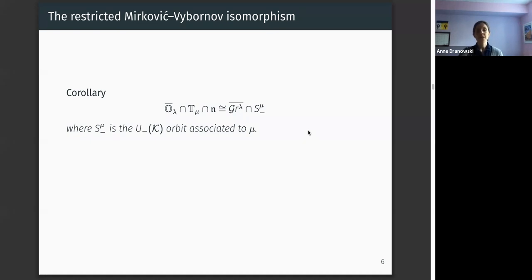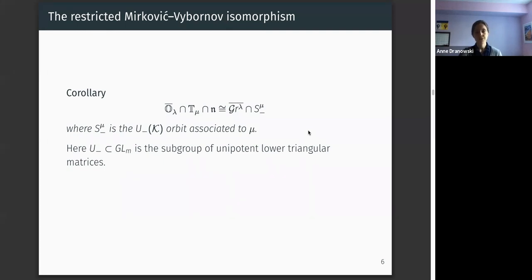Here S mu, again, yet another orbit associated to a weight of G, easy to describe, is the U minus K orbit through the point associated to that weight, where U minus is just the subgroup of GL M of unipotent lower triangular matrices. So ones on the diagonal.